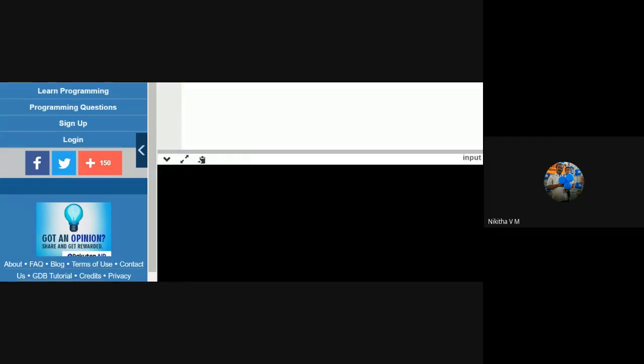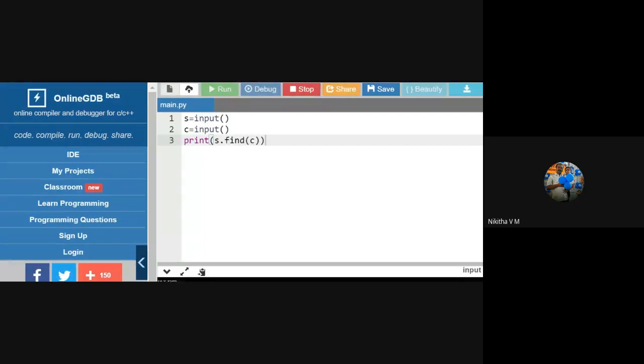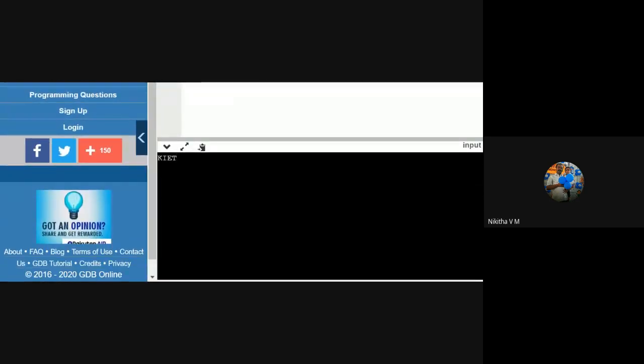So first I have to take the input of the string. Let's take kite. And then we are taking the input of the character that has to be found. So let us take E.